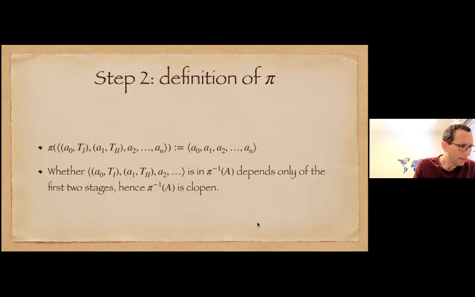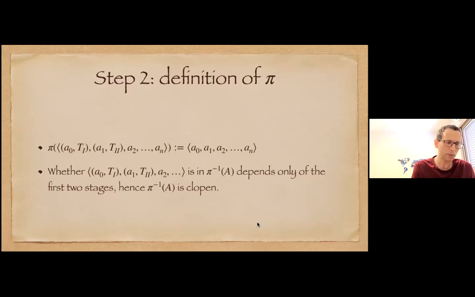And you can also notice that pi minus 1 unravels A, because telling whether the play in T tilde is in the inverse image of A depends only on the first two stages. Actually, it depends on whether player 2 surrendered or not.